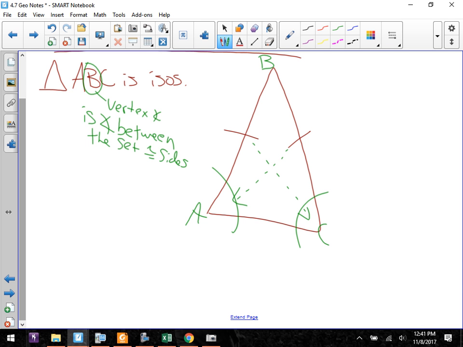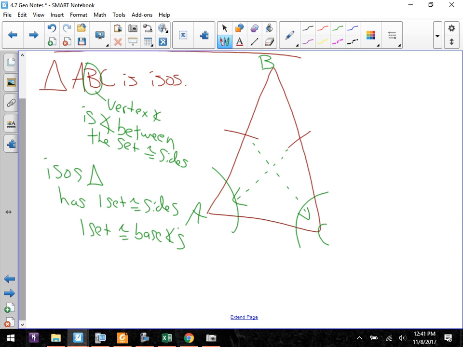So an isosceles triangle has one set of congruent sides and one set of what are called base angles. Those base angles are always looking at the sides.